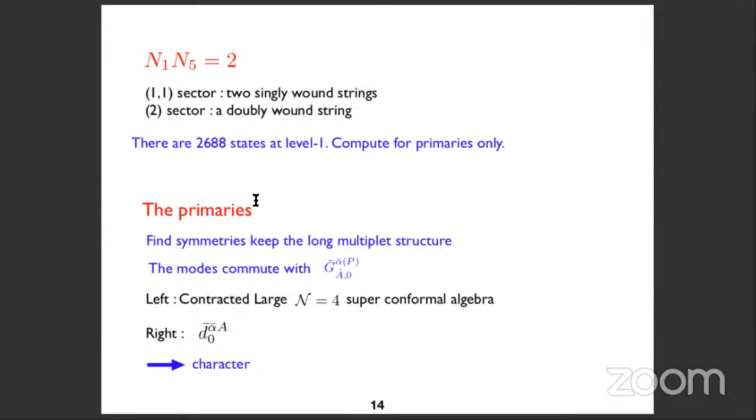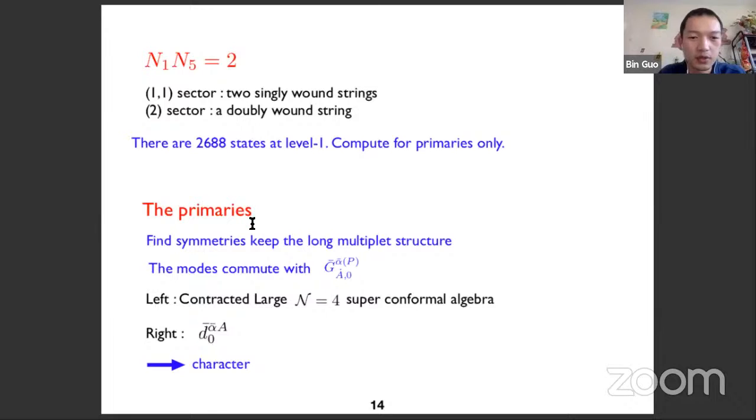To find the primaries, we have to first figure out the symmetries kept, the symmetries that keep the long multiplet structure, because the long multiplet structure is generated by the GP operator. So we have to find the symmetry modes that commute with the GP.